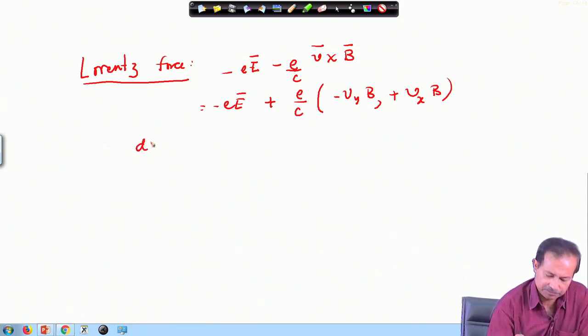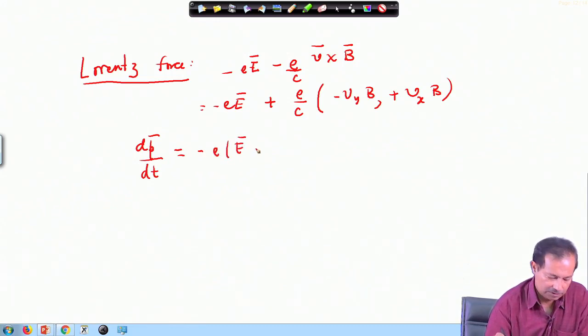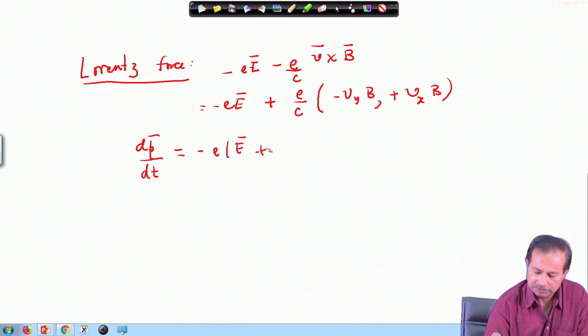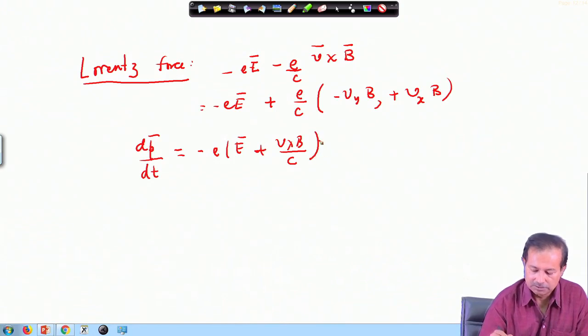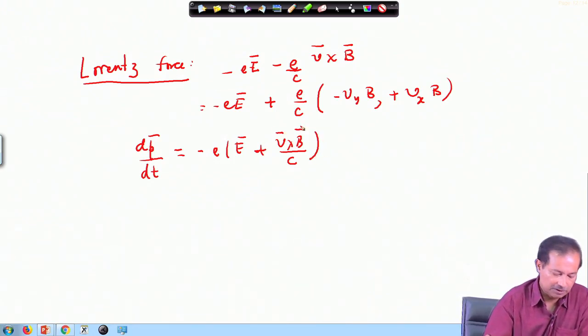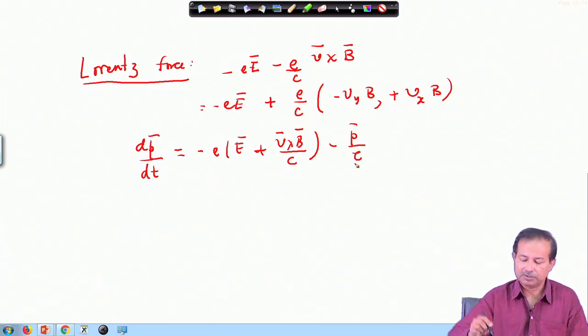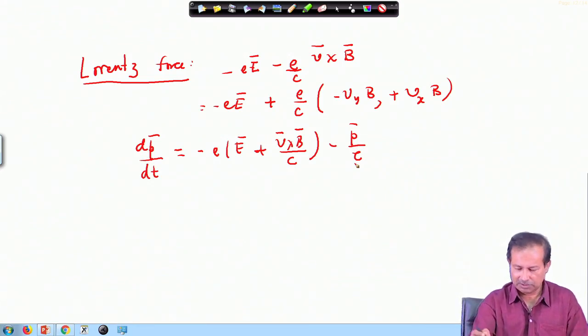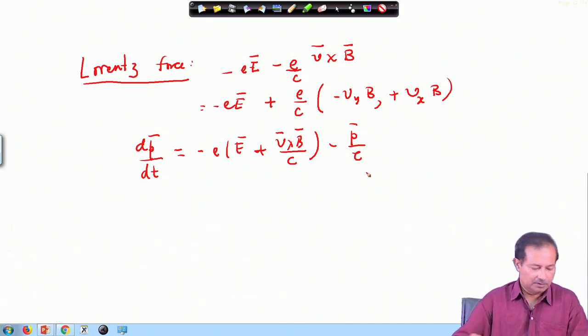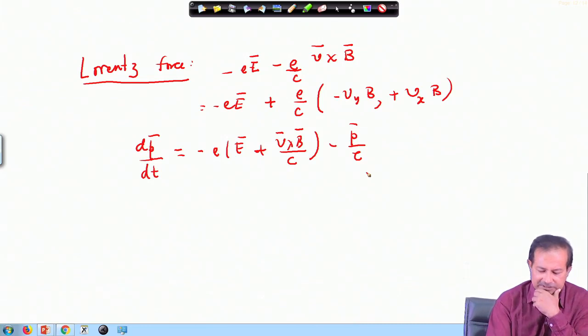So, dp/dt equal to minus e E plus v cross B by c, and this term that we derived, the relaxation term, usually called the drag term. Now, in the steady state, of course, as we did the other day, we will put this to 0.